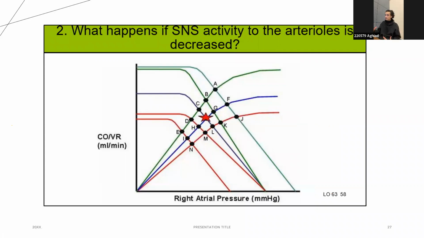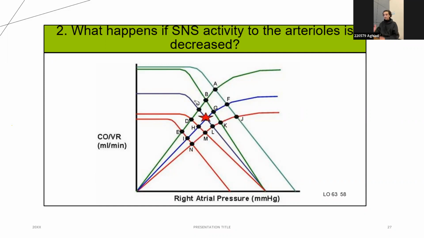If you guys have any questions, feel free to ask me, right? So what happens if the sympathetic nervous system activity to the arterioles is decreased? Decreased sympathetic nervous system activity to the arterioles. So since we know it's the arterioles, we're expecting it to be one of these graphs. So we eliminate anything from here and anything from here.